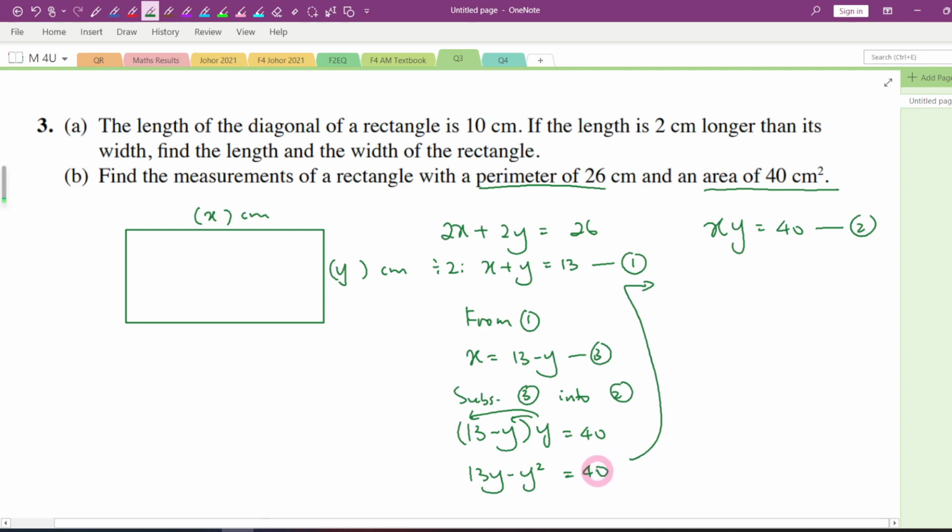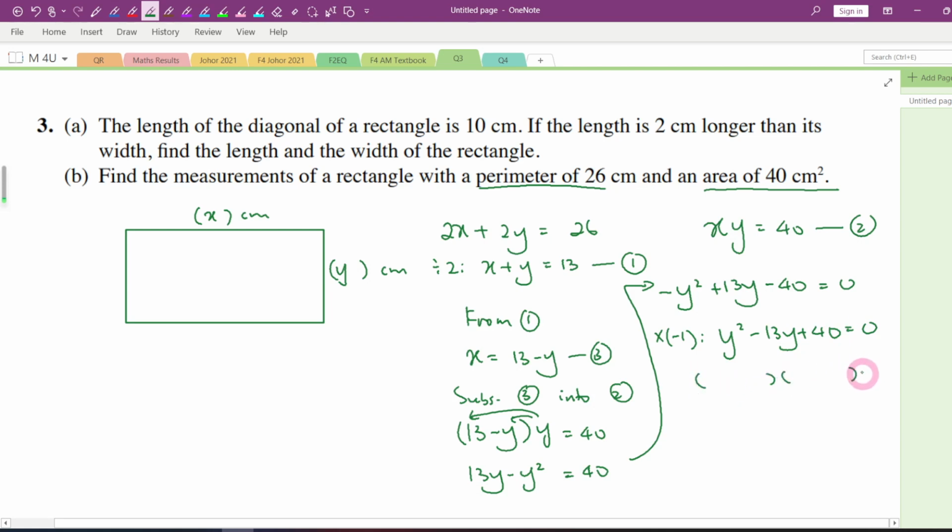Okay, so I'm going to rearrange this, write this quadratic equation in general form. Negative y squared plus 13y minus 40 is equal to 0. So here I'm going to multiply the whole equation by negative 1 so that this becomes positive, easier for me to do the factorization. So y squared minus 13y plus 40 is equal to 0.